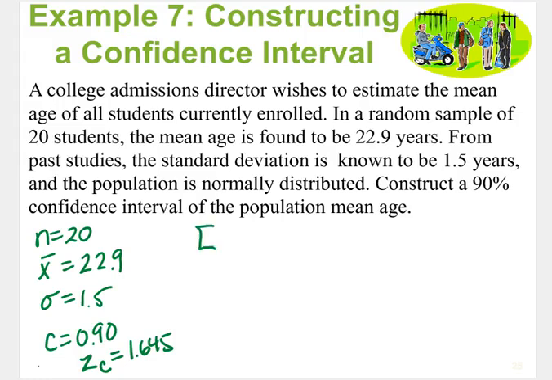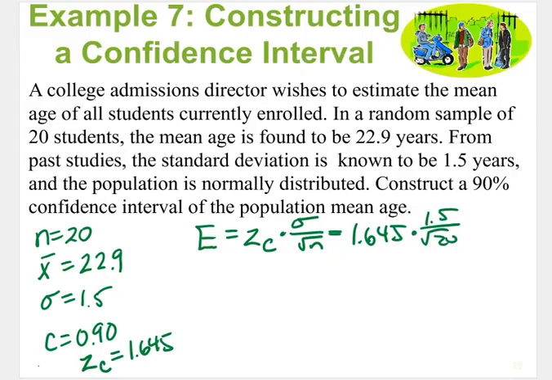All right, so let's find our error, which is our critical value times sigma divided by the square root of n. So 1.645, and then we're going to multiply that by 1.5 and then divide by the square root of 20. So I put all that in my calculator, and I get that to be about 0.6 years. So there's my error.